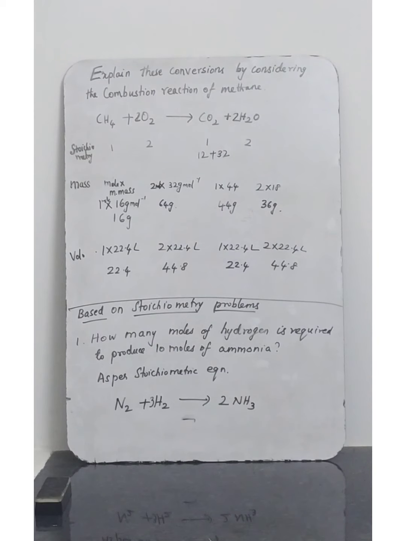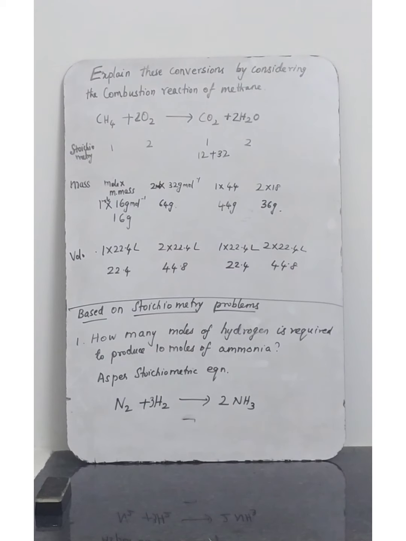Based on the stoichiometric proportion, some problems are given in your book. Some example problems are given, and exercise problems are given at the back of the book. First we will see the example problems. First one: how many moles of hydrogen are required to produce 10 moles of ammonia?